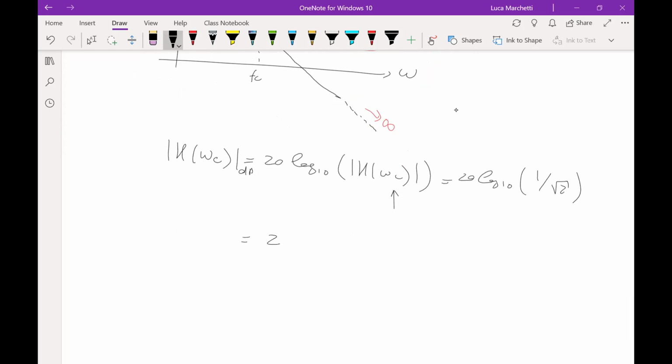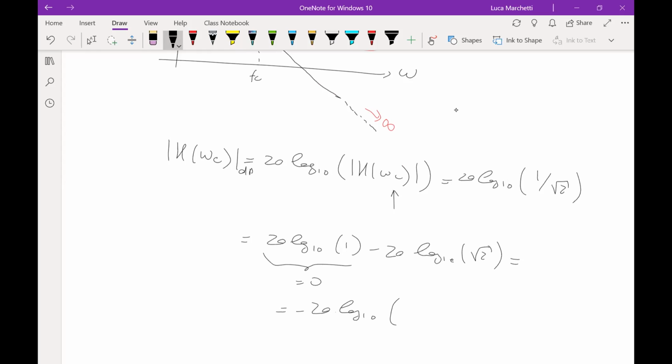This is equal to 20 logarithm base 10 of 1 minus 20 logarithm base 10 of square root of 2. Let's hope that you remember the logarithm properties. And the first one is equal to 0 because the logarithm of 1 is 0. Then we remain with minus 20 logarithm base 10 of square root of 2.